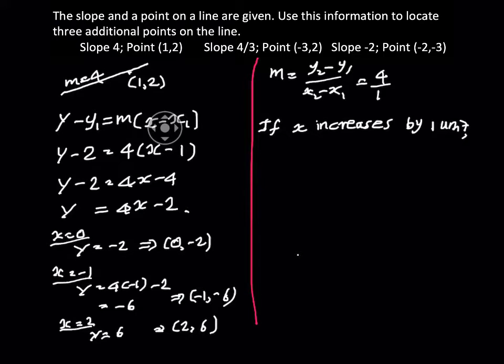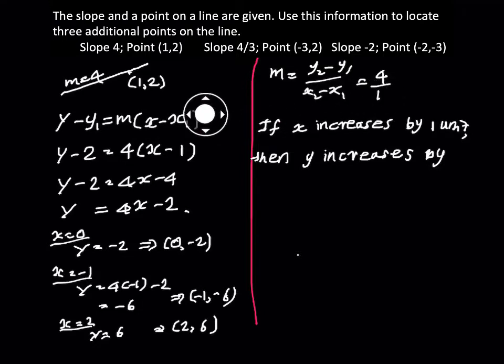Then y increases by how many units? The numerator equals 4, therefore by 4 units. Therefore, you can find the points.